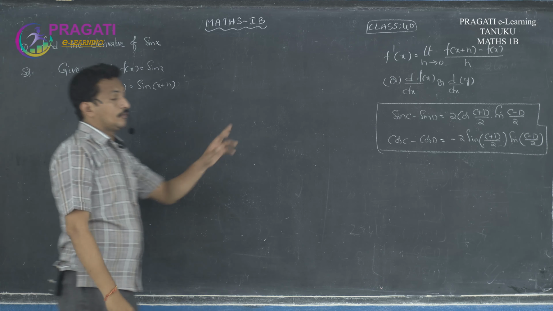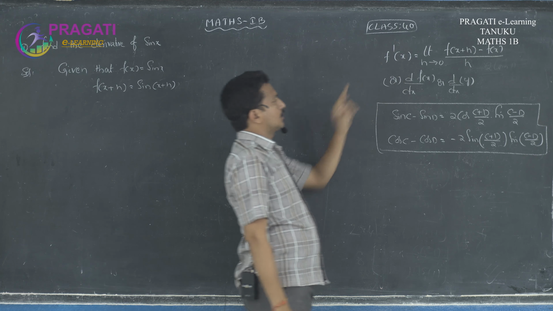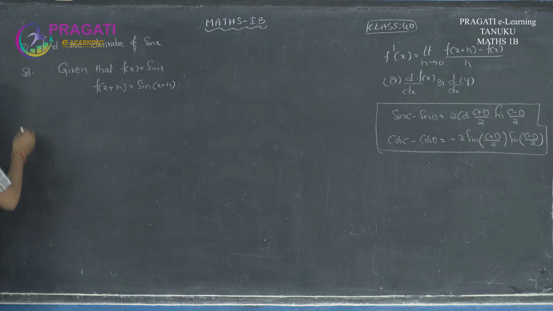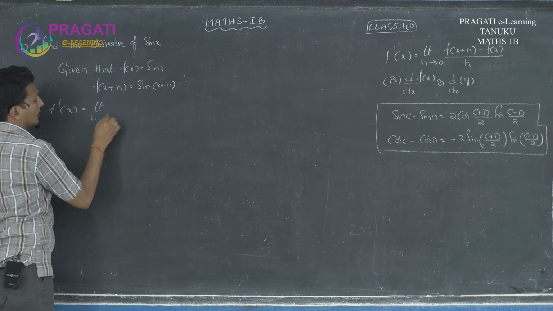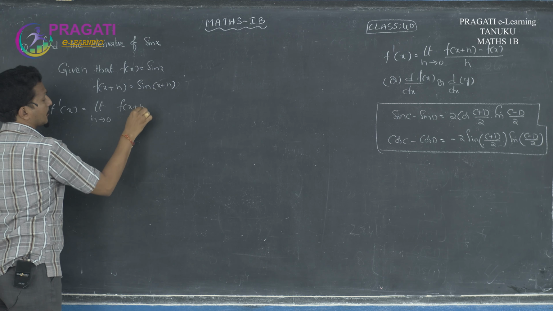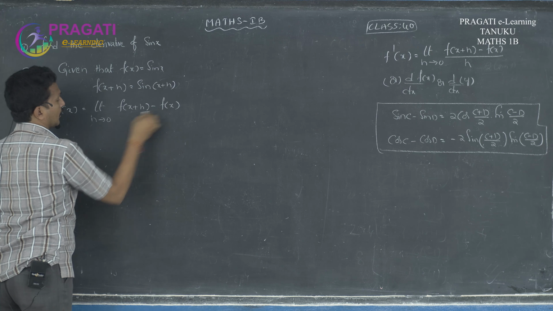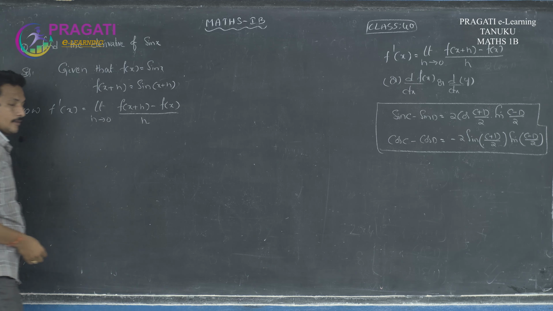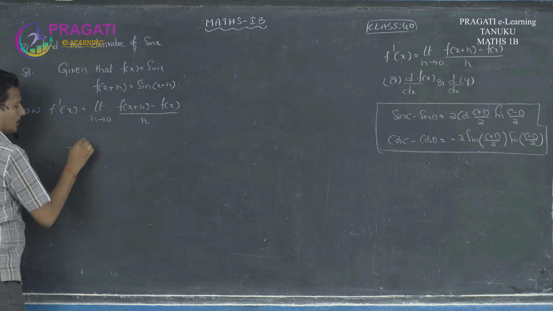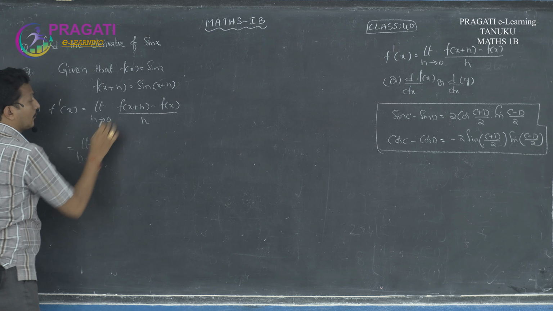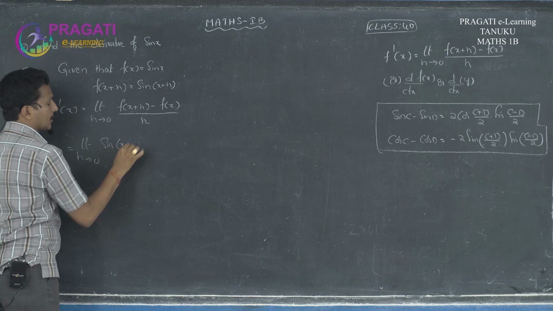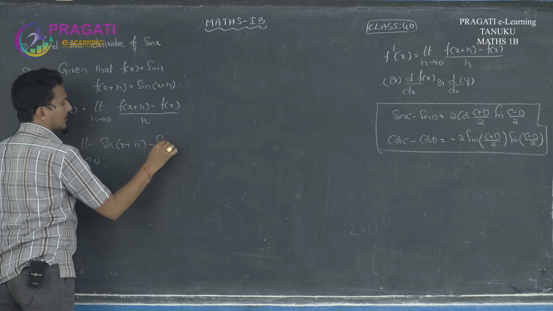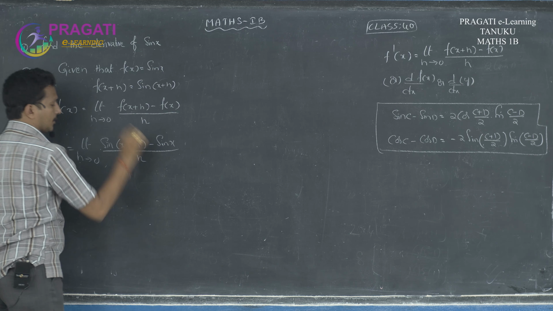To find the derivative, the formula is f dash of x is equal to limit h tends to 0, f of x plus h minus f of x by h, which is equal to limit h tends to 0, sin of x plus h minus sin x by h.